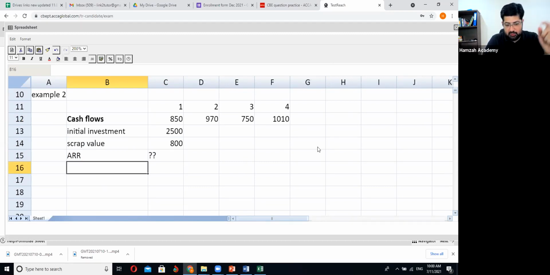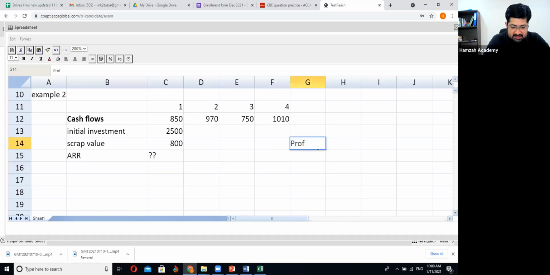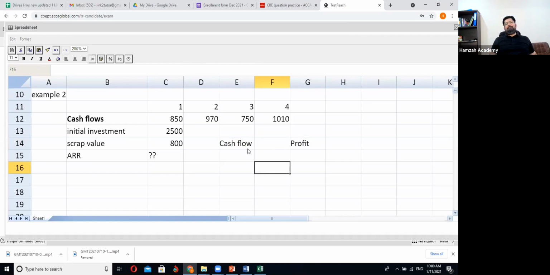Now, my question for you is, what is the difference between profit and cash flow? What is the difference? Tell me. Anyone? Anyone, please. What is the difference?